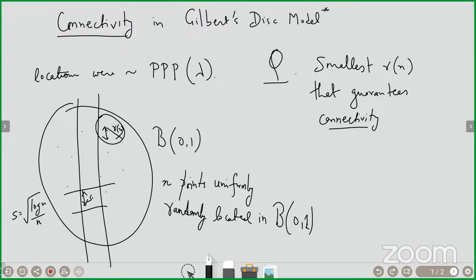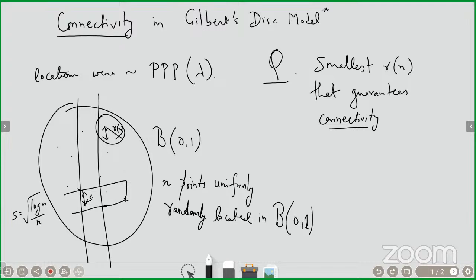So union bound. Now, if I want connectivity, what should I really do? All I should do is select R_n to be, let's say, square root of 5 times S. So if two neighboring boxes, the maximum distance between them is at most square root 5 S. So if R_n is square root 5 S, and every box contains log n points, I should be able to connect.